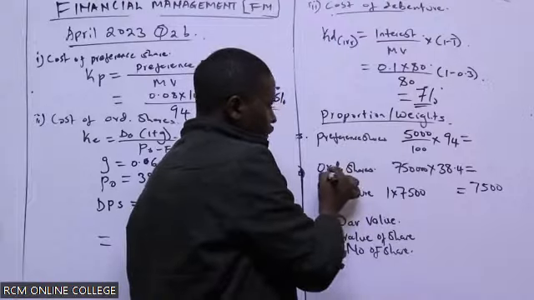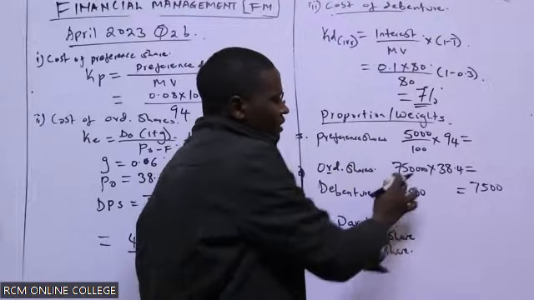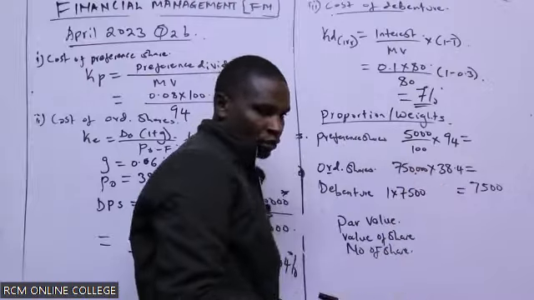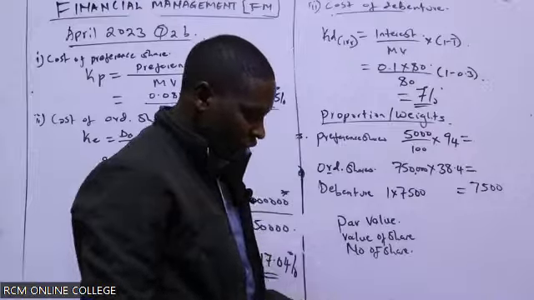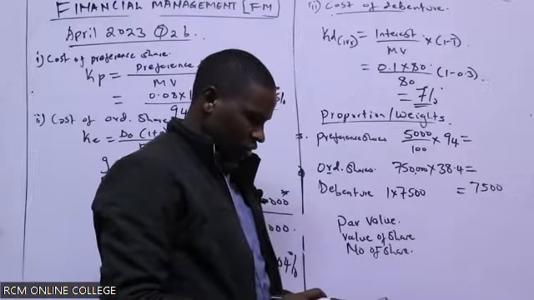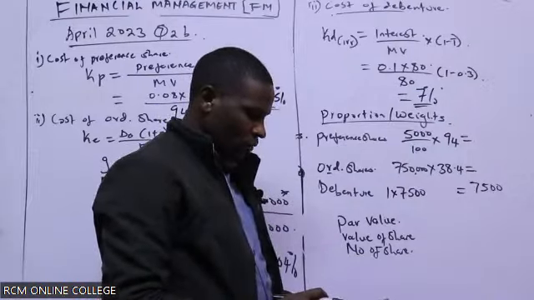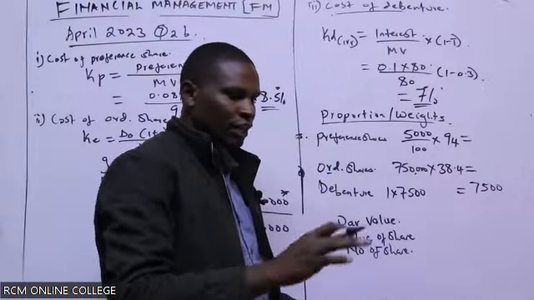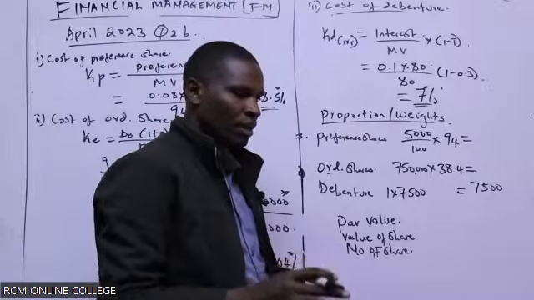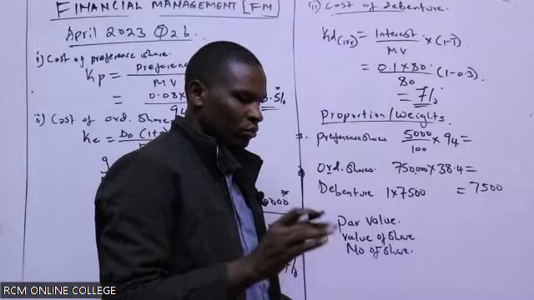Now, for the ordinary share, Immaculate, already we are given 750,000 as number of shares. Unaona hiyo 750,000 shares of 20. So hatutafuti, because already we have number of shares.